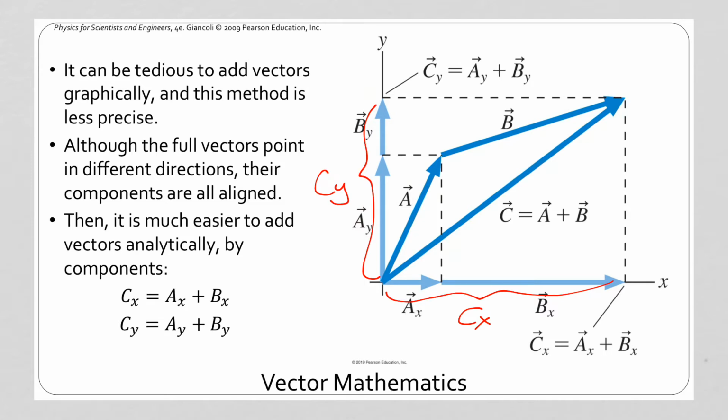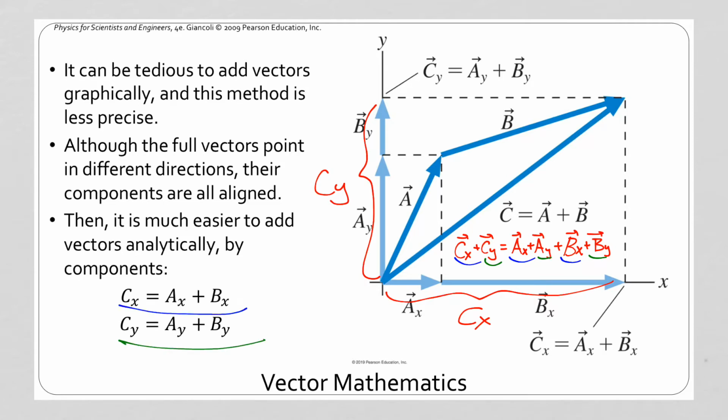Because if we can break up C into Cx and Cy, and we can break up A and B into vector components as well, then we said that the x components are all going to be parallel or anti-parallel to each other, so this plus this gives us that, and then the y components are all parallel or anti-parallel to each other, so those are going to add as well.